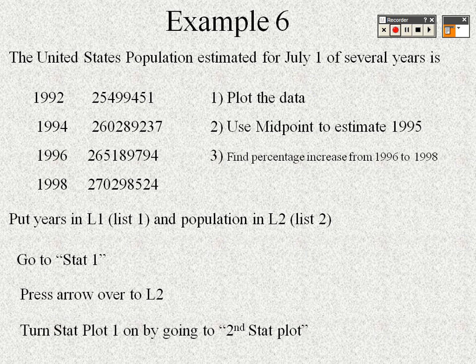Turn the stat plot on, because otherwise if it's not on, you're not going to be able to graph. So we want to turn the plots on for your lists for X and Y. When you want to graph it, you're going to graph your L1 and L2, which is why we're setting that all up.